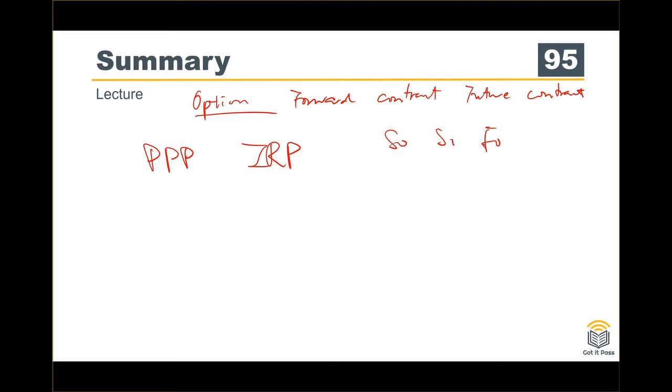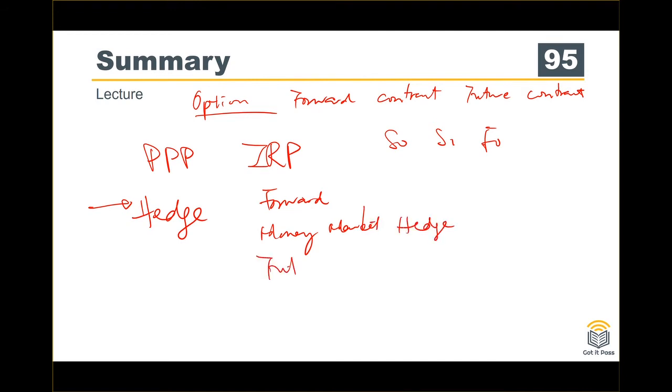After all this was completed, we went into hedging. We discussed different hedging methodologies for forex and also for interest rate. For forex, we mentioned the forward hedge, money market hedge, currency futures, and options on foreign currency.